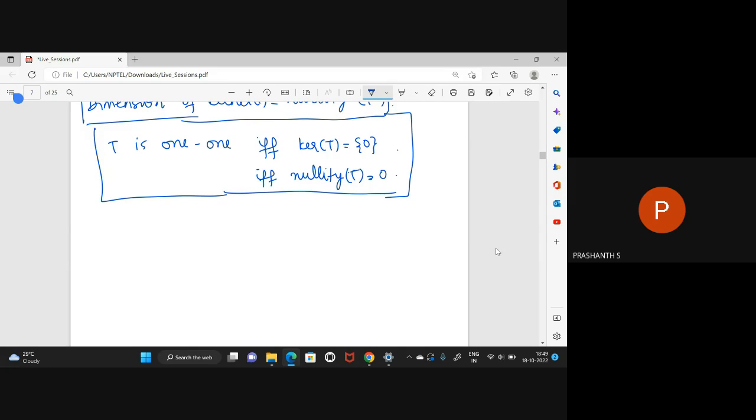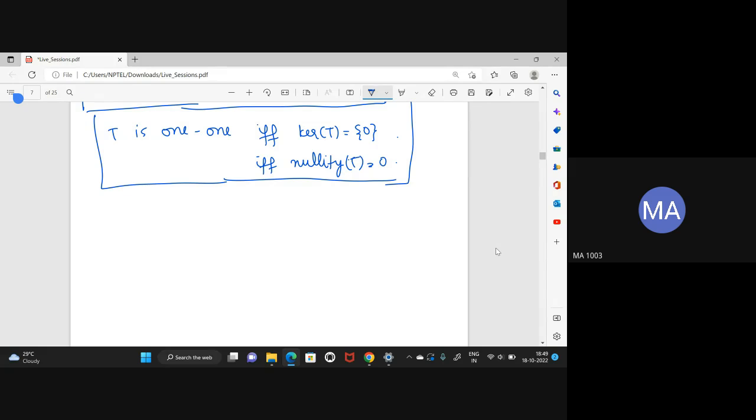Is the kernel of the transformation the same as the solution space of the transformation? Solution space means what? You want a matrix, right, for solution space? A system of linear equations, right? But yeah, that's a good connection.